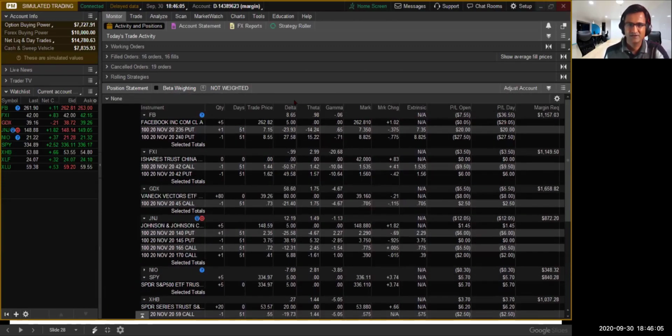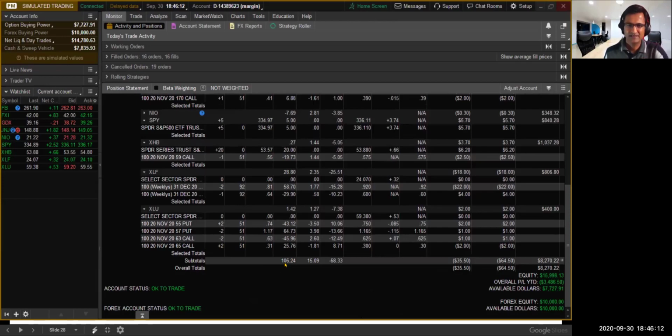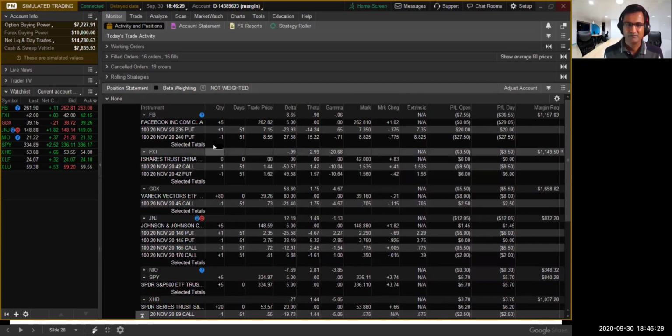I can customize to see all its delta. So this is where it shows me the delta. It just adds up all the delta to 106.24. That's of no use to me, because XLU will move differently than Facebook. They've got different betas. So I need to understand what my beta-weighted delta is. So you click on a checkbox, which means I'm doing beta weighting, and I'm trying to do it with SPY.